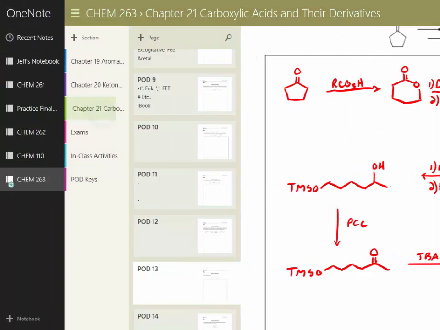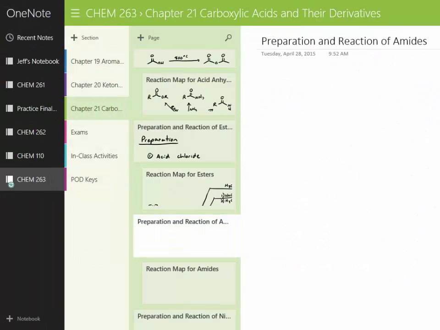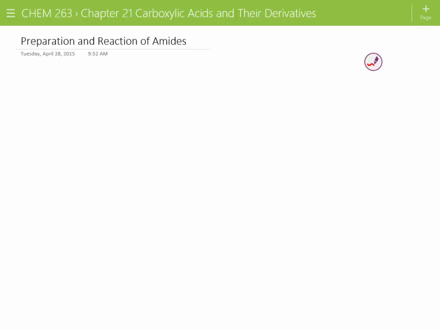So now let's go back to chapter 21. And today we're going to move on to amides. And we've already seen preparation of amides a couple of times. The preparation is really straightforward. We can just convert an acid chloride directly to an amide.